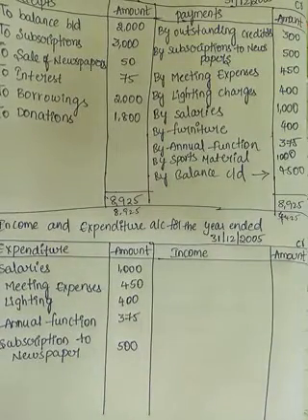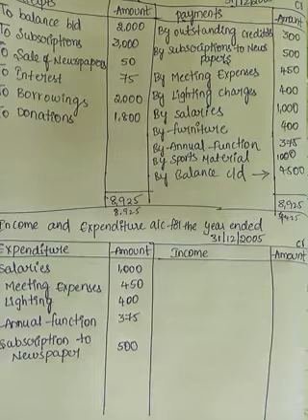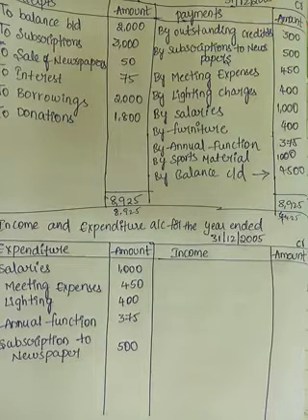Depreciation is there now. That is also expenditure. Depreciation on furniture and buildings is at the rate of 5%.